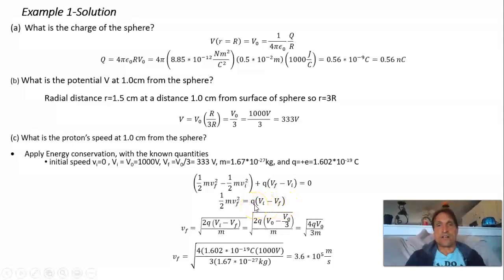The charge of a proton is the same as the charge of an electron, 1.6 times 10 to the negative 19 coulombs. The mass of a proton is 1.67 times 10 to the negative 27 kilograms. We solve this for the final speed, and the final speed is equal to 3.6 times 10 to the 5 meters per second. So when the proton gets 1 centimeter from the sphere, it will have accelerated from rest to 360,000 meters per second. That's a very large acceleration.